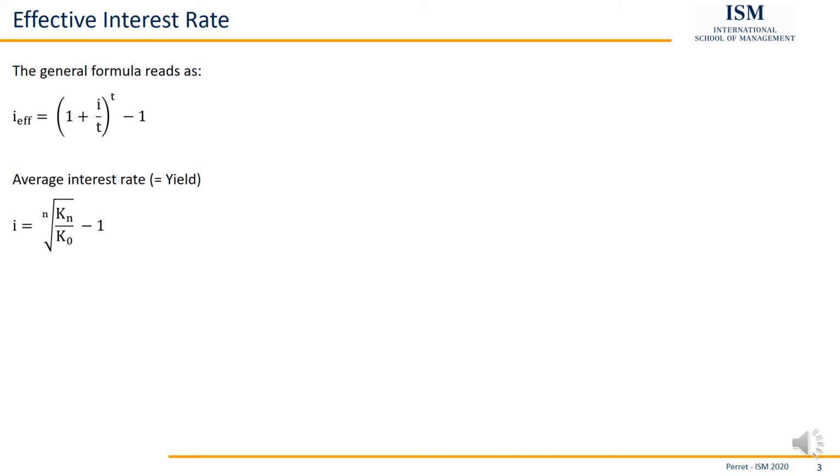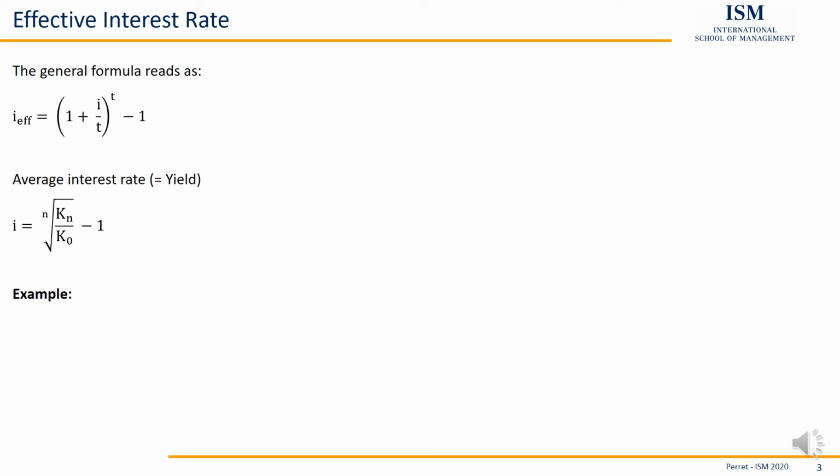It gives us a similar idea. In this regard, it's more or less like an average interest rate. If we had only 1 year, we would have exactly the same thing as before. So this is just expanded for multi-period perspectives.